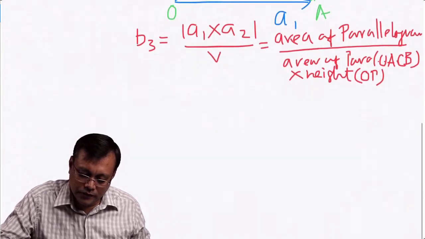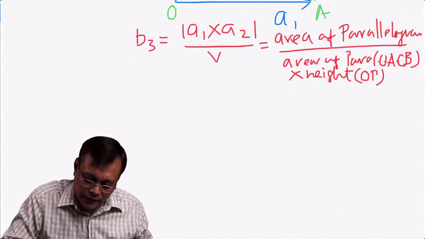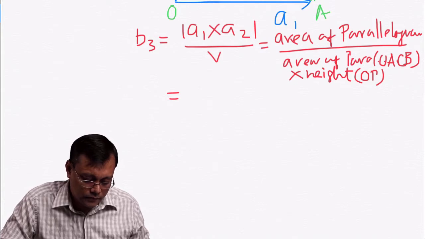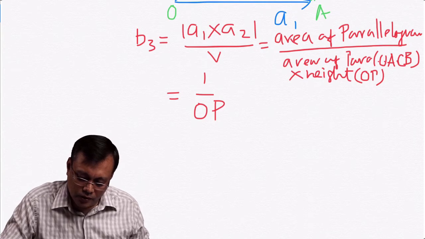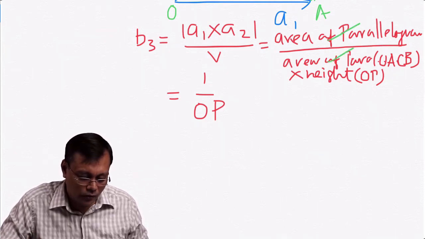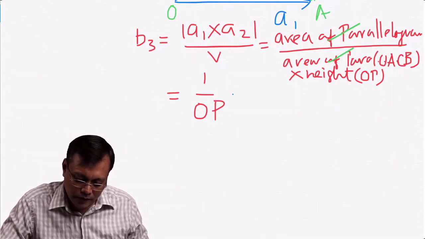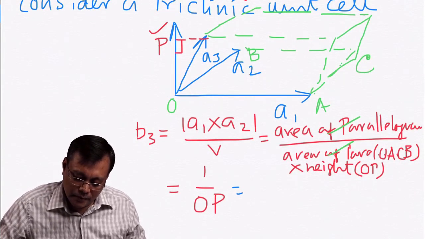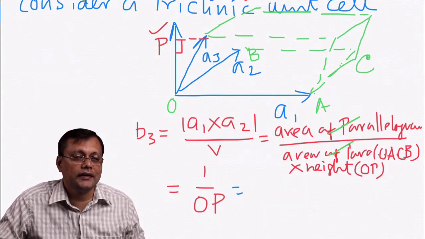Well, if that is the case, then we can again write it in this way: 1 by OP, because this area and this area cancel out, so only 1 by OP remains. Now what is the meaning of 1 by OP? OP is represented by a particular plane, and you can easily guess the plane.